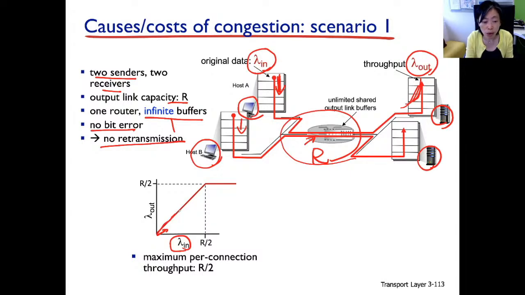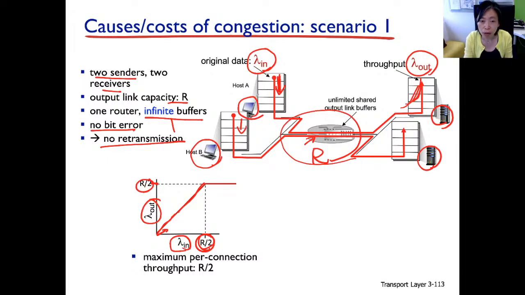But this will only go up to here. When we exceed the link capacity, because there are two flows and link capacity is R, each flow gets only half of R at best. That means lambda_out can only, at best, be R divided by 2.